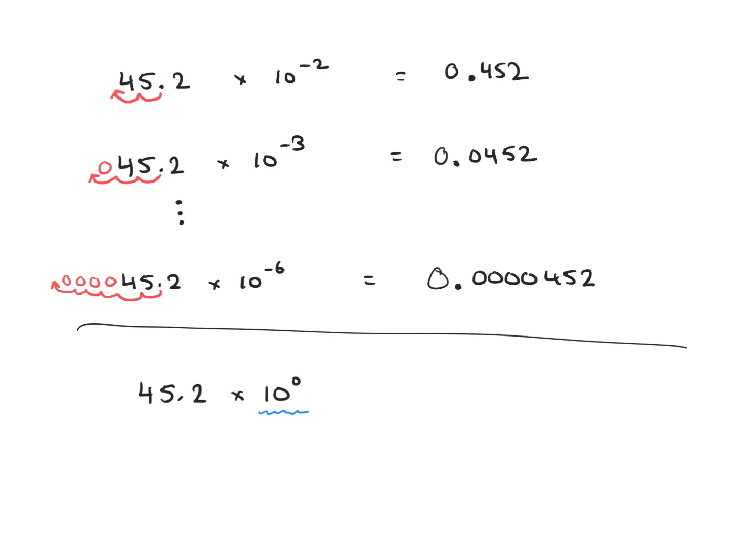So this is really just saying 45.2 times 1. And anything times 1 is itself. So the answer is just 45.2. I really want you to remember what something to the exponent of 0 equals.